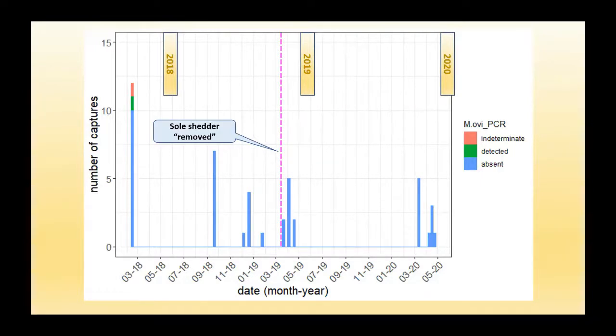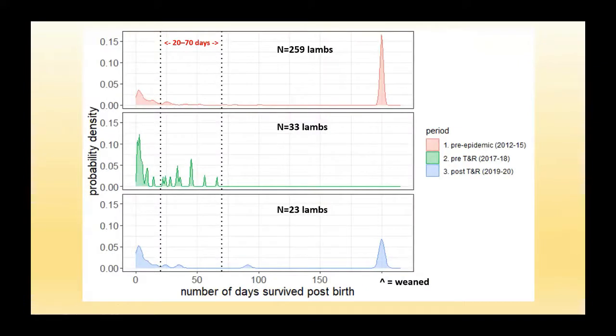Whereas 2019 was the first lambing period post-epidemic, absent a known shedder. The pattern of lamb survival in the 2 test and remove periods, with and without a known shedder, plus the 4 years preceding the epidemic, looked like this.